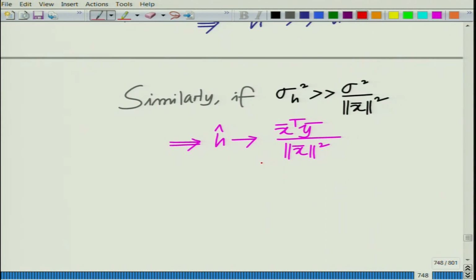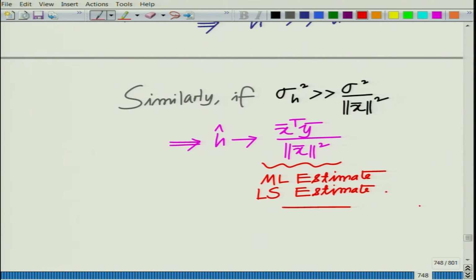So, if you look at this, this is essentially the maximum likelihood estimate, or basically what we are also calling the least squares estimate, right. Another name for this, for our Gaussian estimation problem, is the least squares estimate, right.